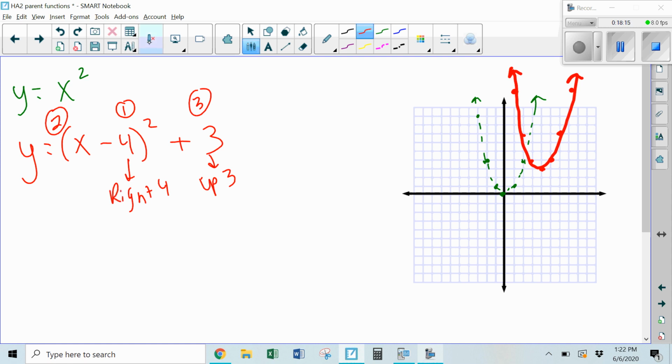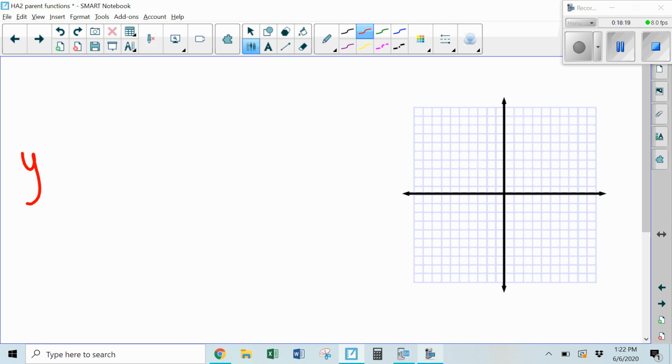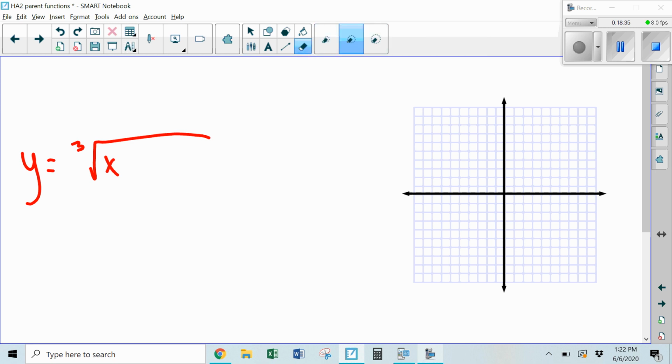Okay, let's try another one. Let's try y equals negative cube root of x plus 4.